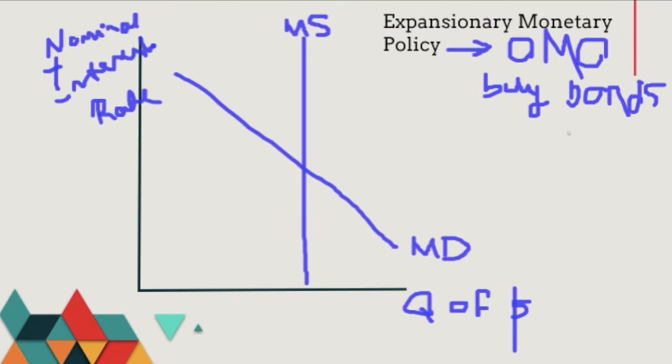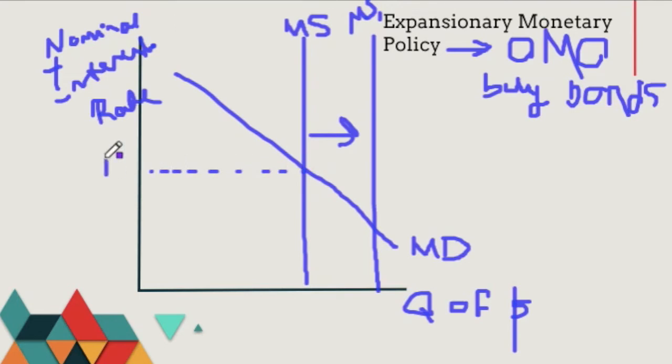And when the Fed pays money, it is putting that money out in the economy, which is going to increase the amount of money that is circulating, shifting the money supply right. MS1. So the interest rate prior was here. Let's label this 1 and label this 2 for making it easier.